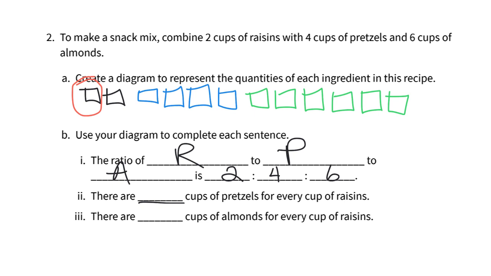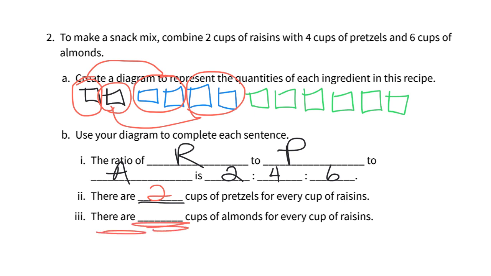There it is. Woohoo! All right, so the blue are the pretzels. So for every raisin, there are 2 pretzels.